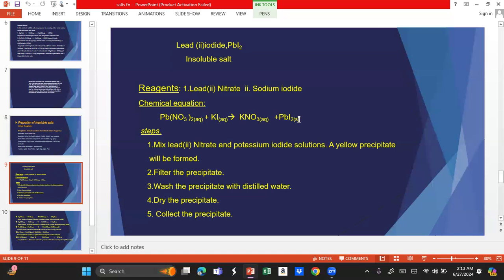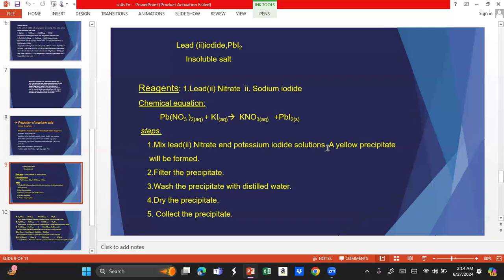Now how can we separate PbI2 from potassium nitrate? For that, we have very important steps. These steps are common for all insoluble salts. Generally we will say mix two soluble salt solutions, but as we have taken a specific example, PbI2, we will mix lead(II) nitrate and potassium iodide solutions.